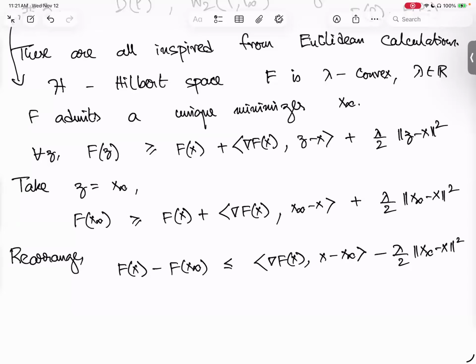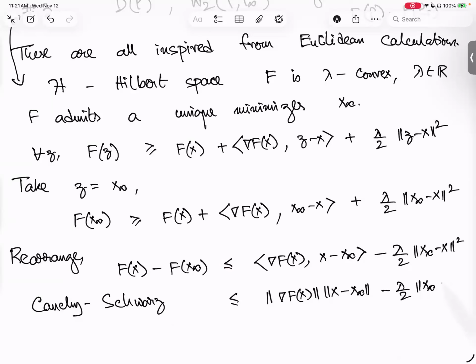And by Cauchy-Schwarz, this is less than or equal to norm of gradient of f of x, norm of x minus x infinity, and then minus lambda over 2, x infinity minus x, norm square.